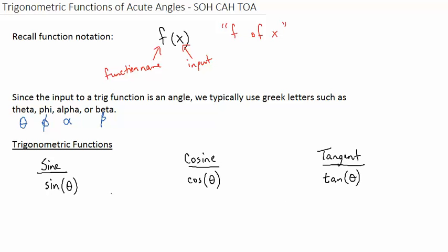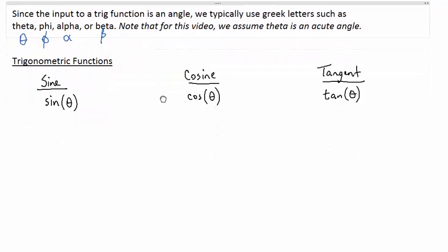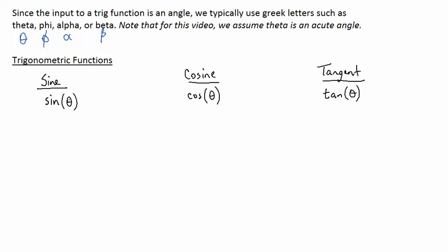Now, how are those trigonometric functions defined? Let me make a note here. Note that for this video, we assume theta is an acute angle. We're only defining the trig functions if the input is an acute angle. So how are these functions defined?